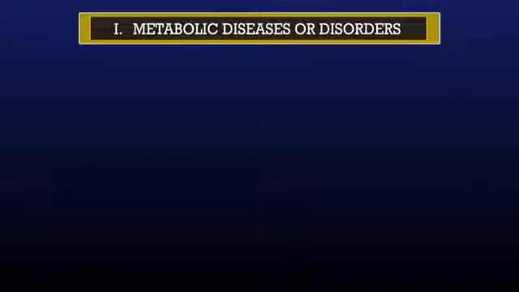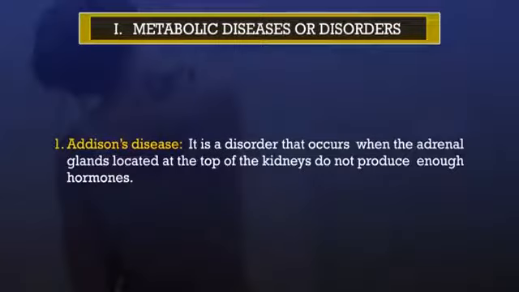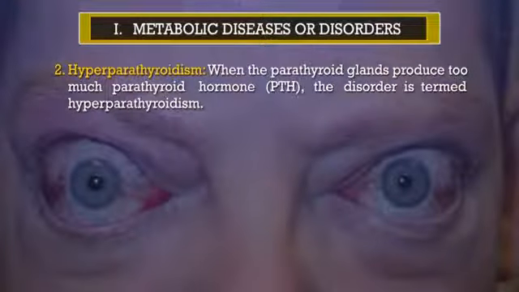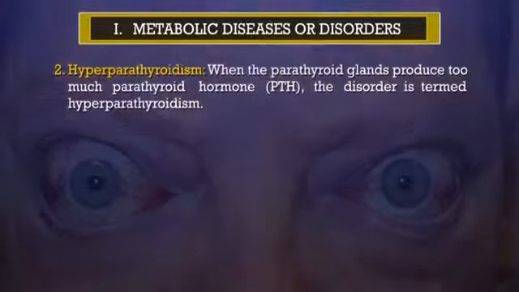In this we have, first one, Addison's disease. It is a disorder that occurs when the adrenal glands located at the top of the kidneys do not produce enough hormones. And second one is hyperparathyroidism. When the parathyroid glands produce too much parathyroid hormone, the disorder is termed hyperparathyroidism.